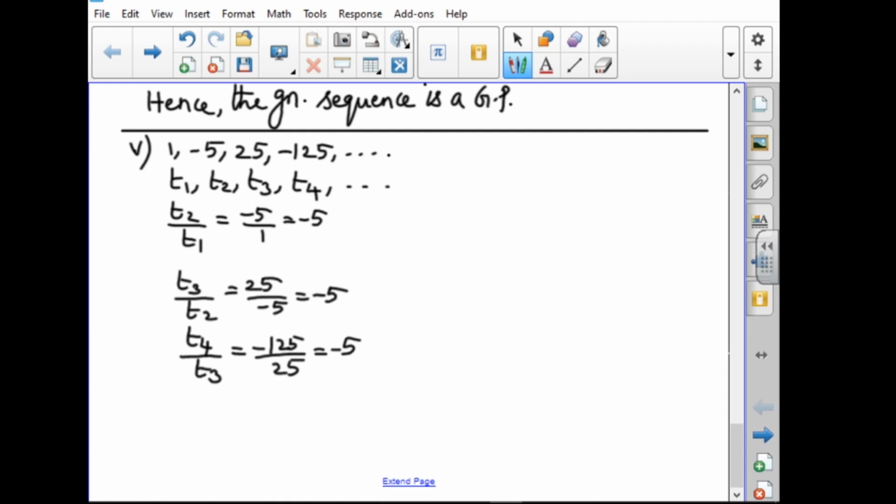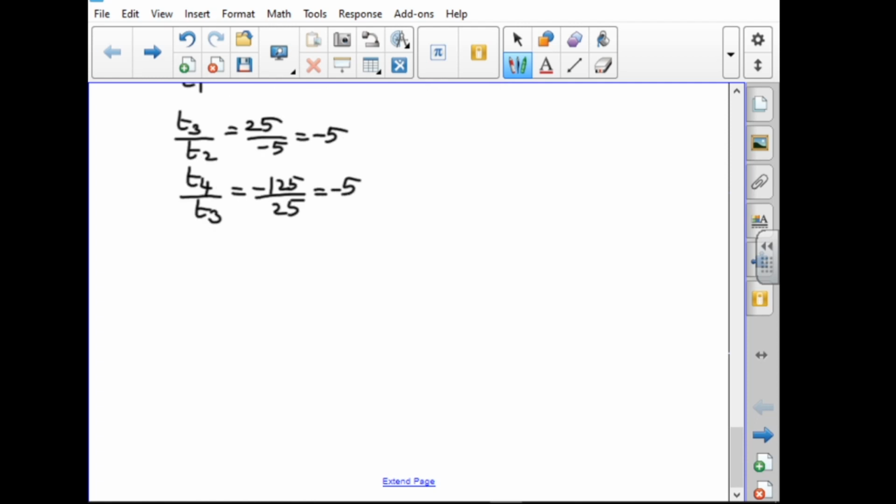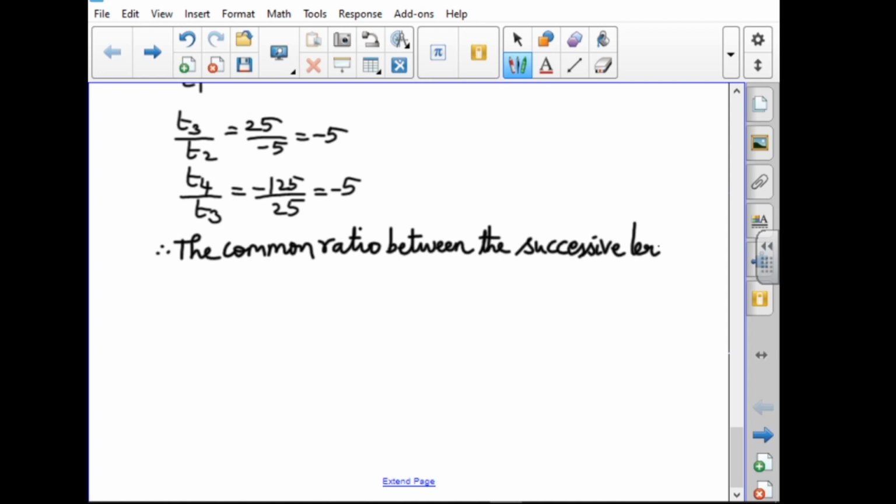So here they give the fourth term. Up to the fourth term you have to find the common ratio. Sometimes the common ratio will not be equal. So here, therefore, the common ratio between the successive terms is equal.